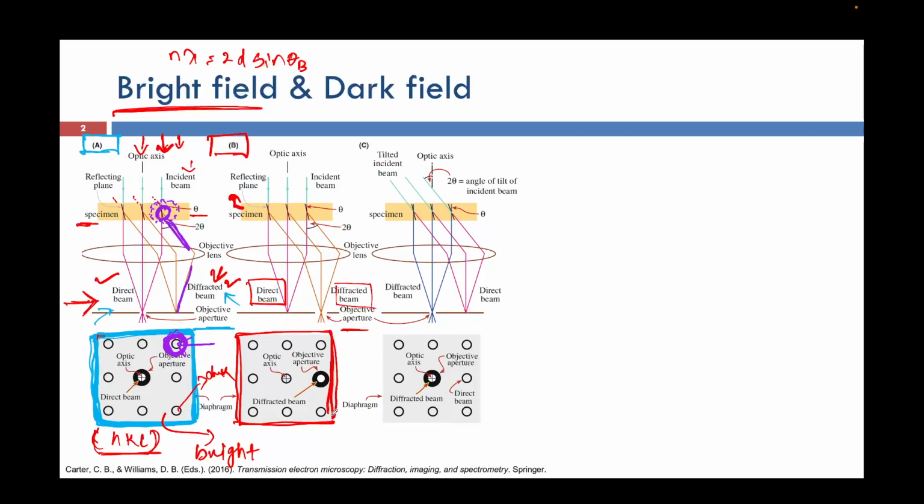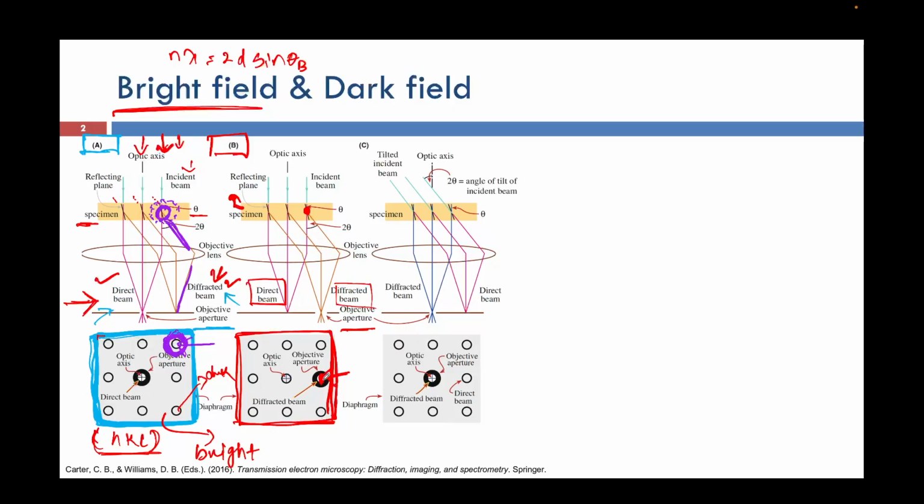So when you are allowing the diffracted beams using the objective aperture, those beams will only carry the information regarding, let's say, a circular feature which is there in the material. Whatever beams you are getting, when you combine all those beams on the screen of your detector, they will give a bright feature.